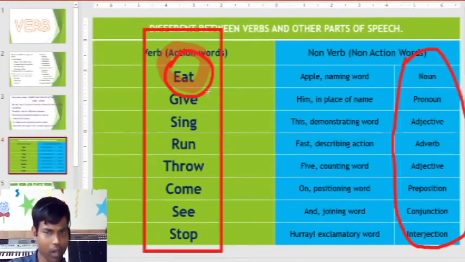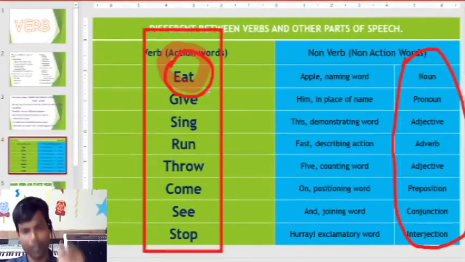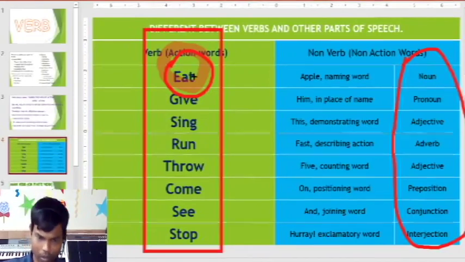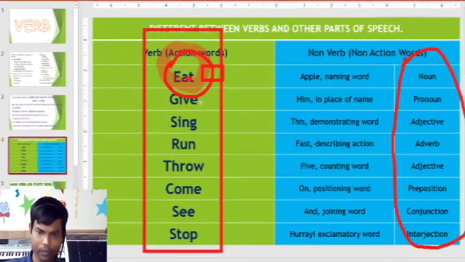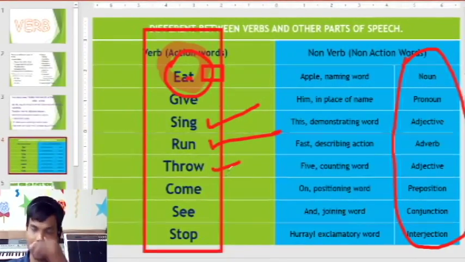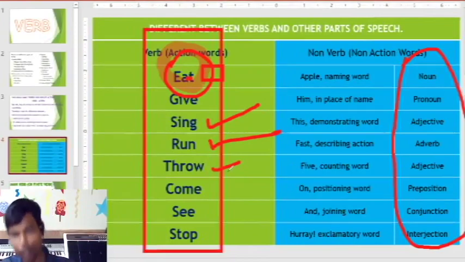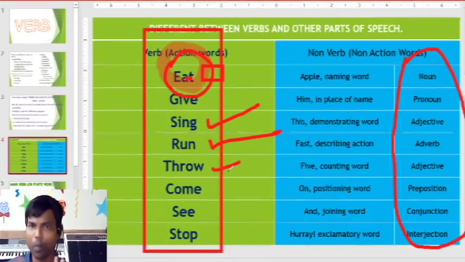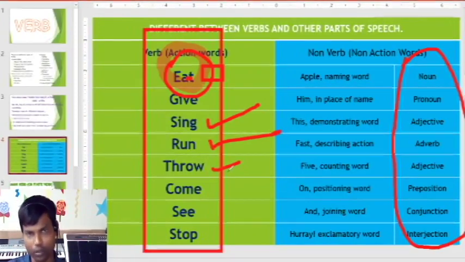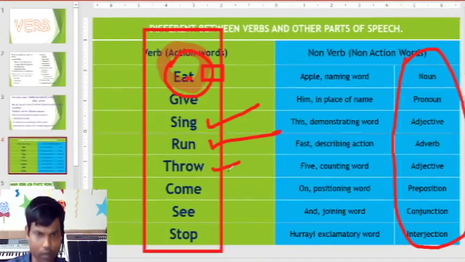But what I am trying to tell you is this. The words eat, give, sing, run, throw, come, see, stop. I'm not going to explain all the words one by one. By now, you should have understood. And I'm sure you got it quite well.